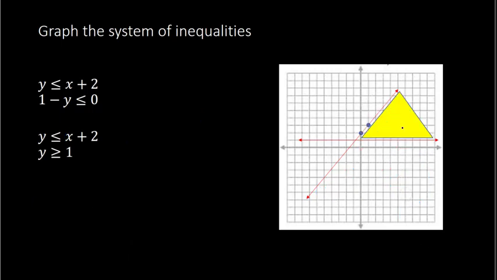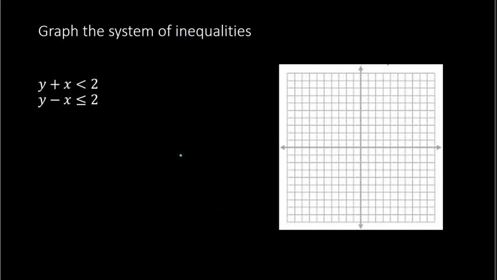This right here would be my final graph of this system. Again, we graph each inequality separately and then see where the graphs overlap. Wherever the shading of the graphs overlap, that is my final answer, and make sure we have the lines correct as well.